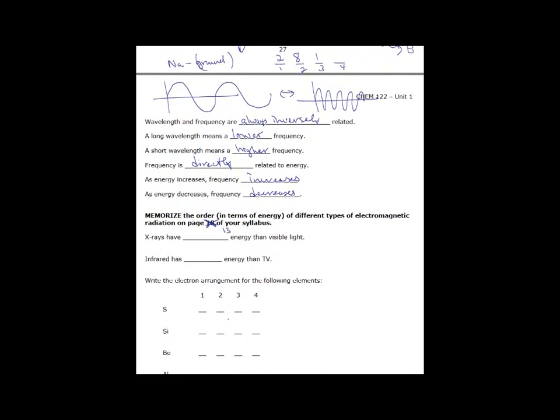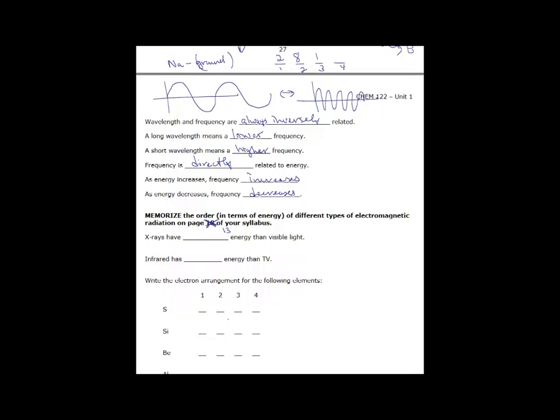A lot of information, you don't need to memorize all of this. What you need to memorize is the order in terms of energy of the different types of electromagnetic radiation. So for instance, gamma rays have the highest energy because they have the highest frequency, while low frequency radio has the lowest energy. So you need to memorize the order. I could ask you on a quiz or an exam, do X-rays have more energy or less energy than visible light?